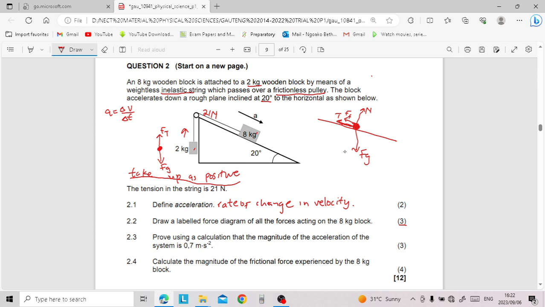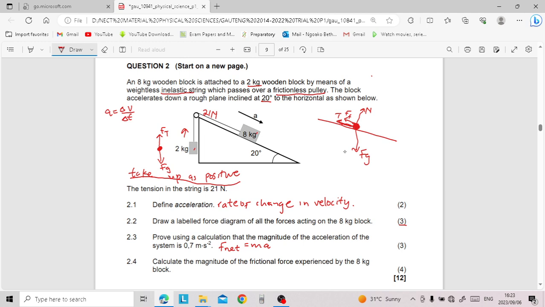So if that is the case, then Newton's law: F net equals ma. F net is the forces acting on this object, and they are acting in opposite directions. The object moves vertically, so we use the forces that act vertically.